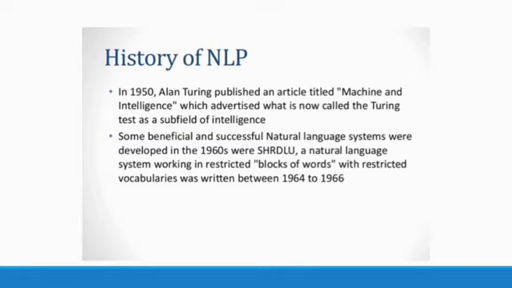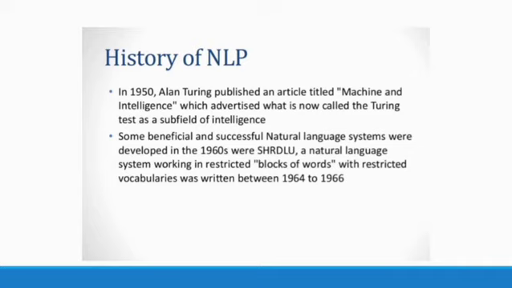So those conversations between the Turing test machine and the other machines were done with the help of NLP. So this was the first instance in history where we find NLP was used.